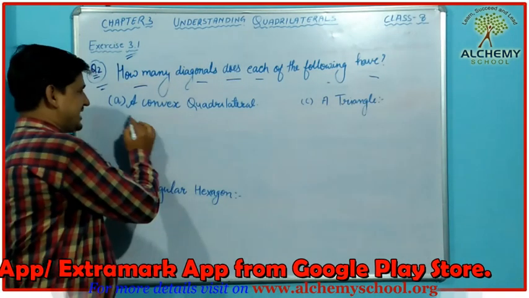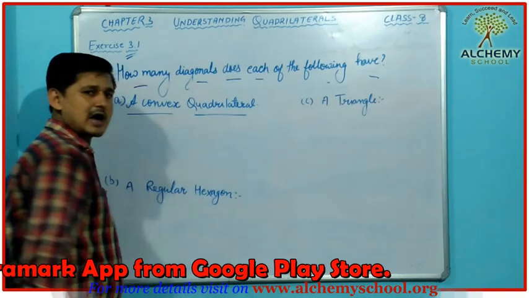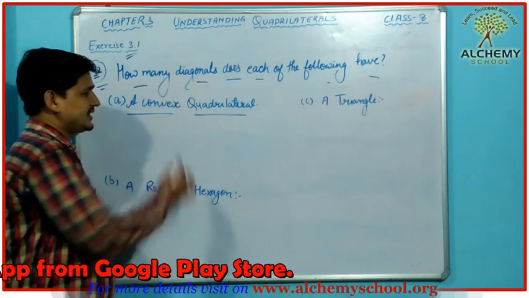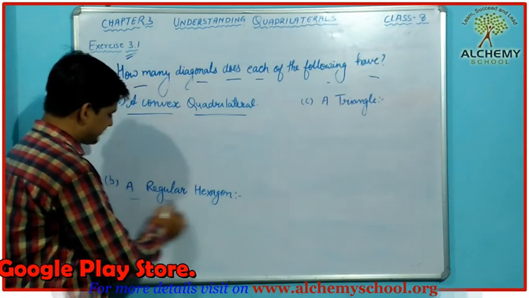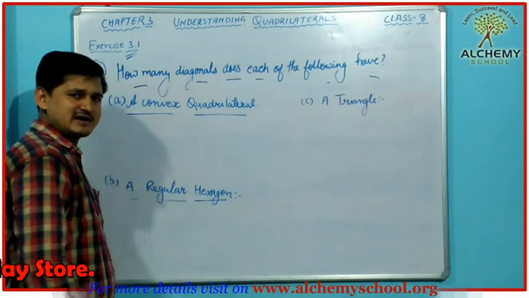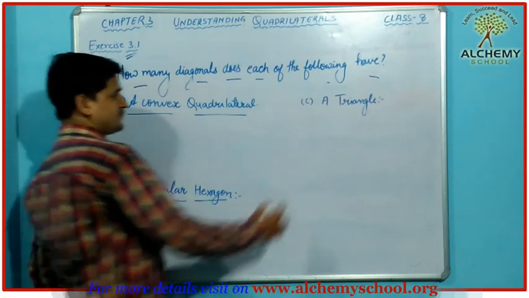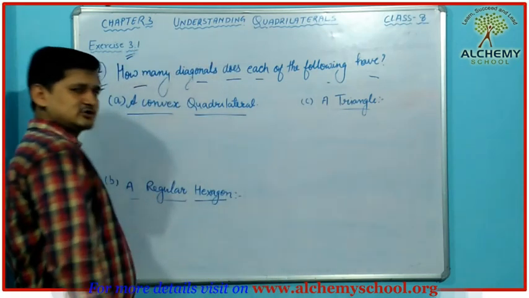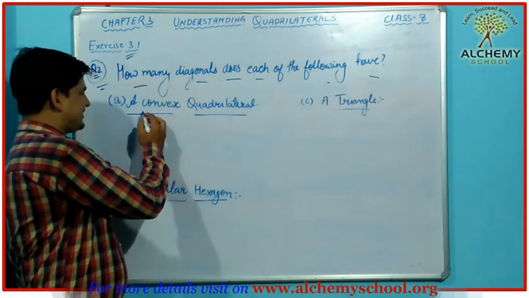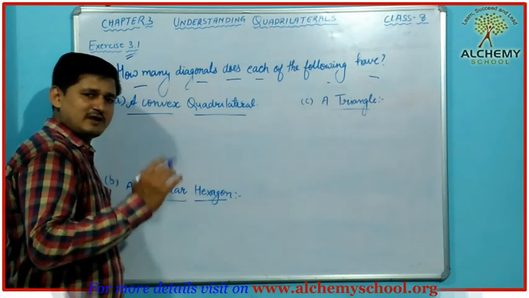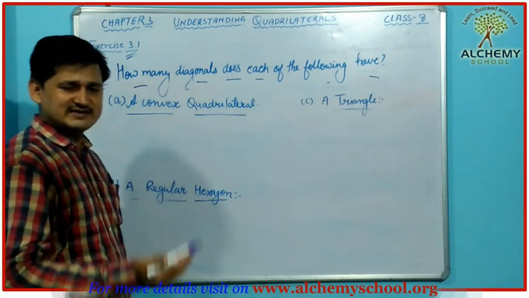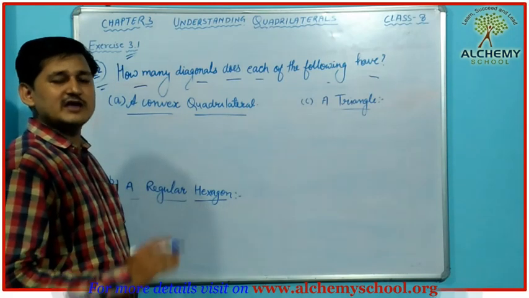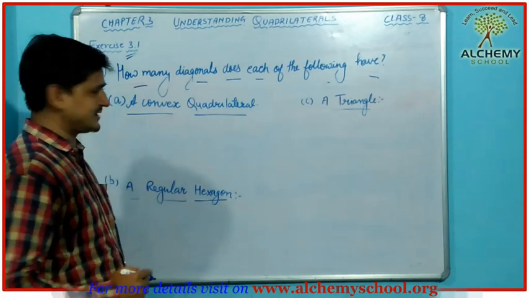So if we have a convex quadrilateral, how many diagonals does it contain? If we have a regular hexagon, how many diagonals does it contain? And if we have a triangle, how many diagonals does it contain? So let's see. Students, when we have a quadrilateral, whether it is convex or concave, it always contains two diagonals.